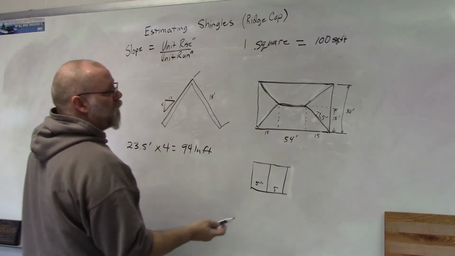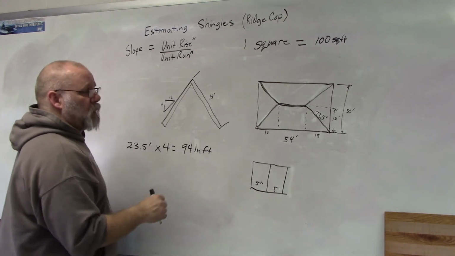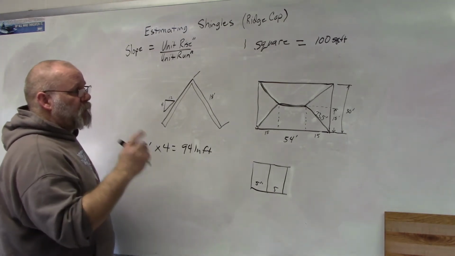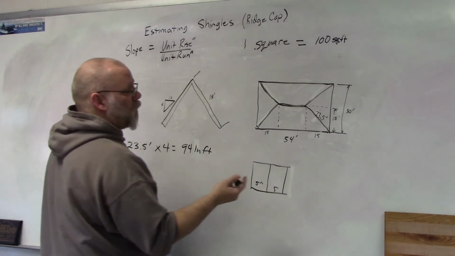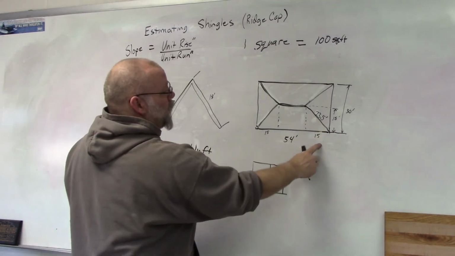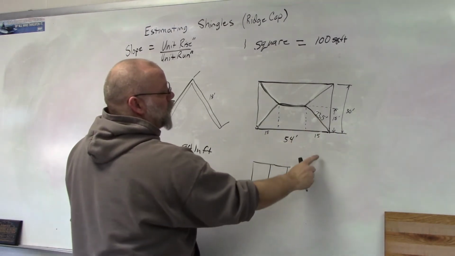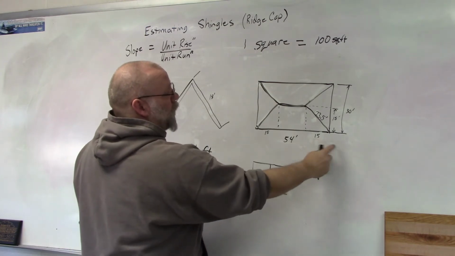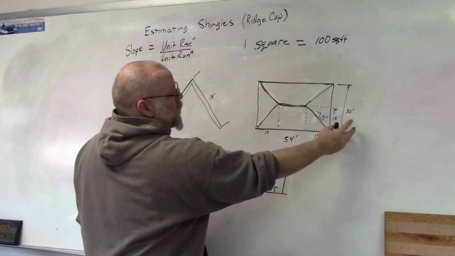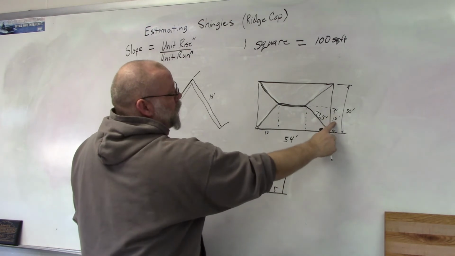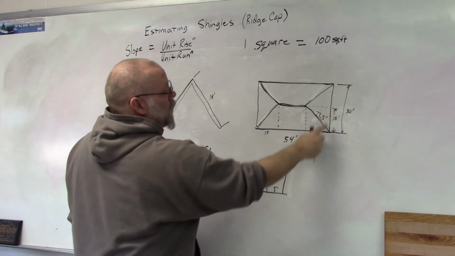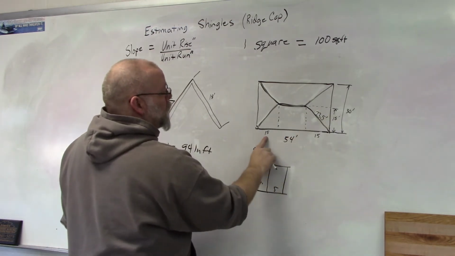Now, to find the length of the ridge board, you can climb up on the roof and measure it, or if you know the width of the building and the length of the building, you can figure it out. If the width of the building, the span, is 30 feet, half of that is 15, so this would equal 15 and this would equal 15.